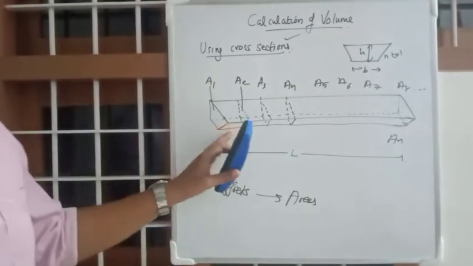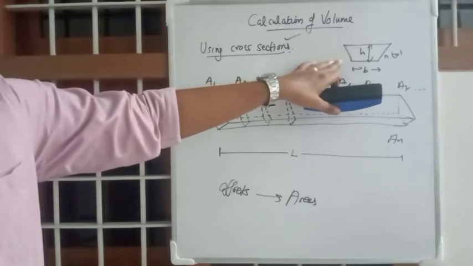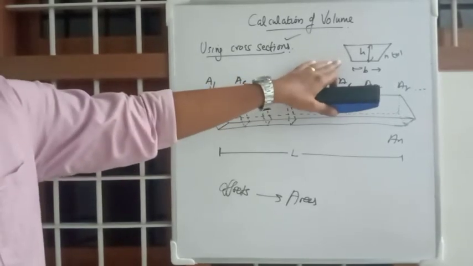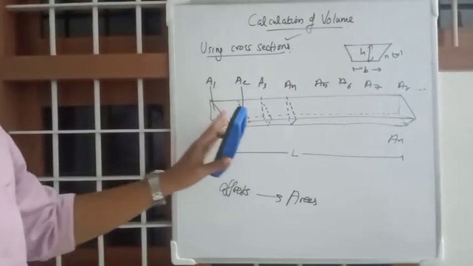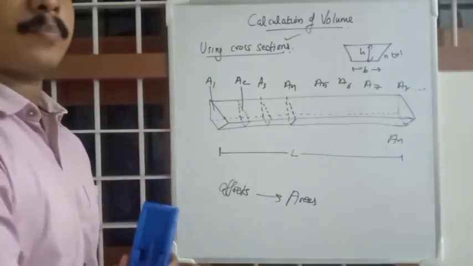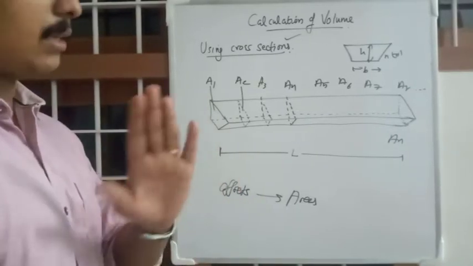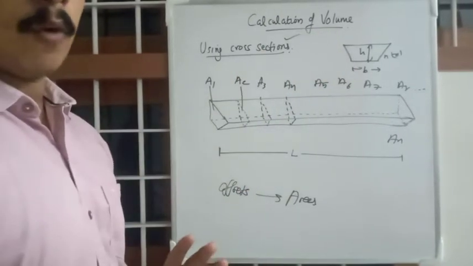First you calculate the area of each cross section, then you substitute it into our Simpson's rule and trapezoidal rule. That's how you calculate volume.